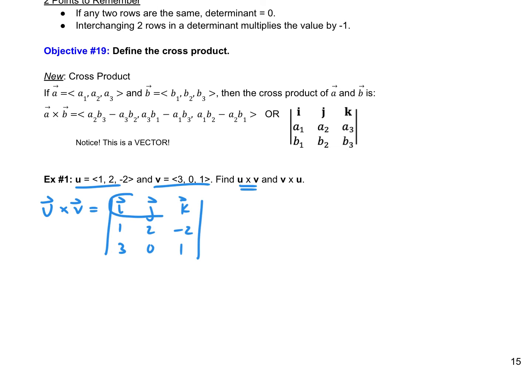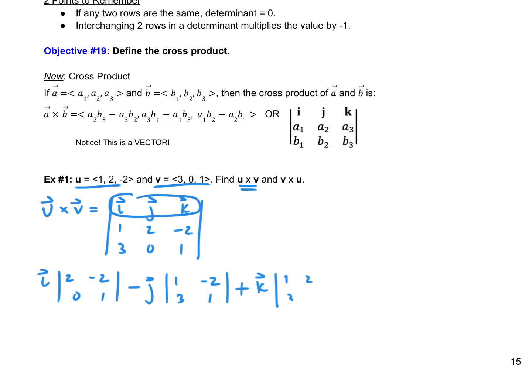I'm going to choose this first row. So I have i, and if I ignore the row and the column that i is in, I get 2, -2, 0, 1. Remember, we flip the sign. If I ignore the row and column that j is in, I get 1, -2, 3, 1. And then for k, I'm going to get 1, 2, 3, 0.